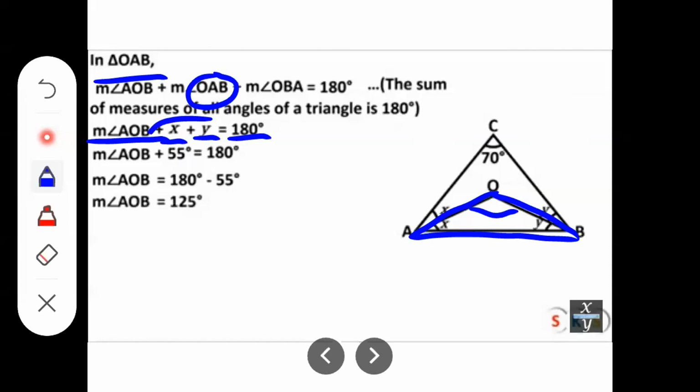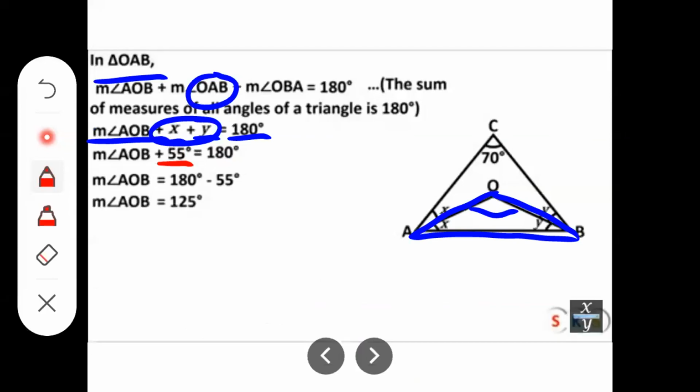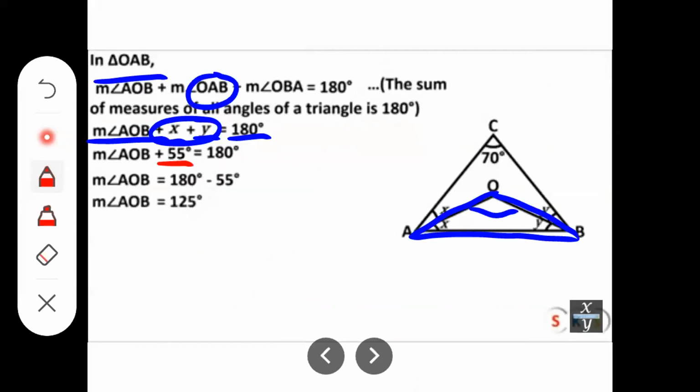The value of x plus y together we know, that is 55 degrees. I put it here. Do the calculation. You will get the measure of angle AOB, that is 125 degrees. Understood? The solution is longer, but it is not difficult to write.